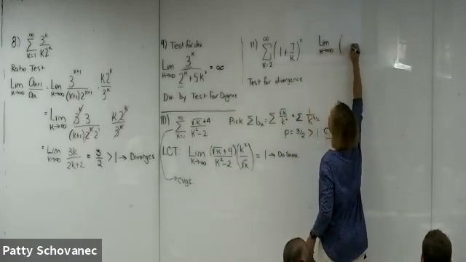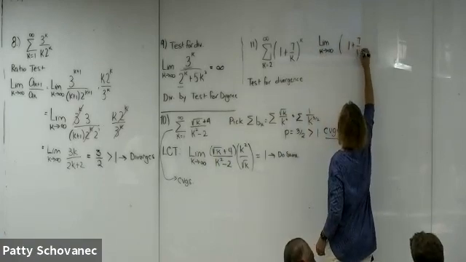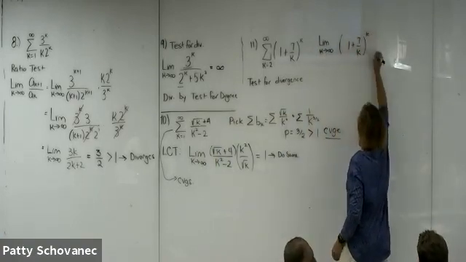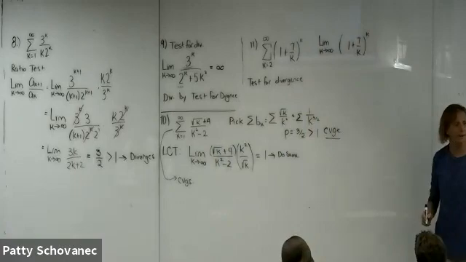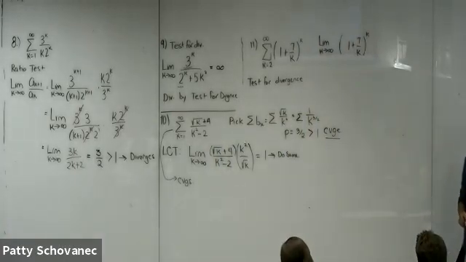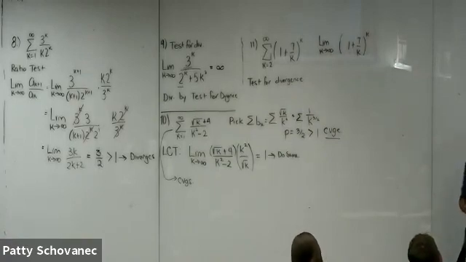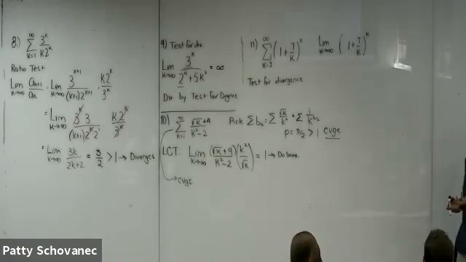Because in this form, it looks like 1 to the infinity, correct? When you see something that has the form of 1 to infinity, you need to suspect e is going to play a role somewhere. And it's gonna be awfully hard to get e to a power to ever equal 0. So you gotta suspect this isn't gonna converge.